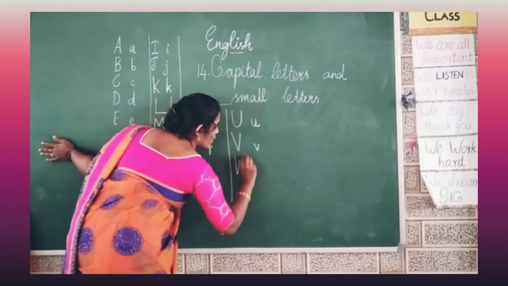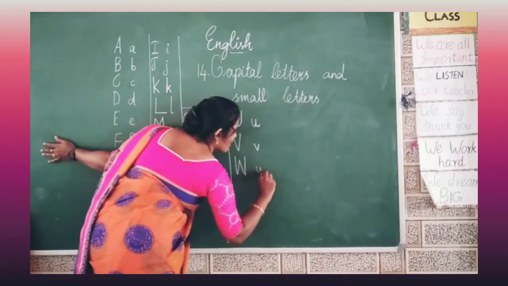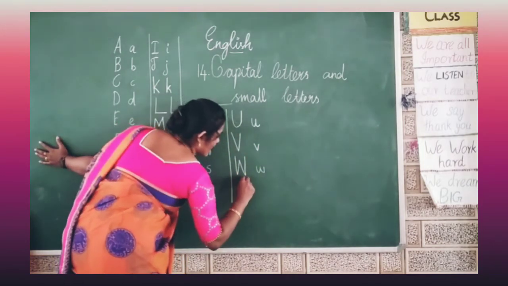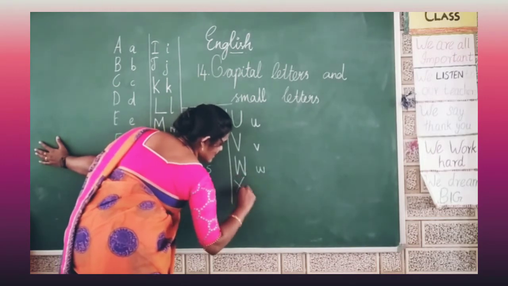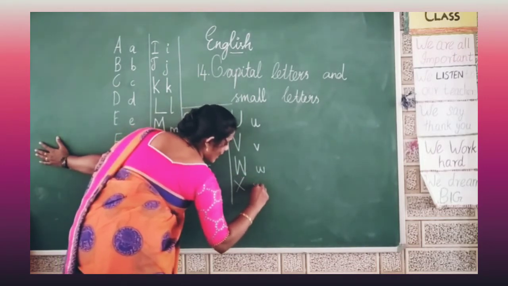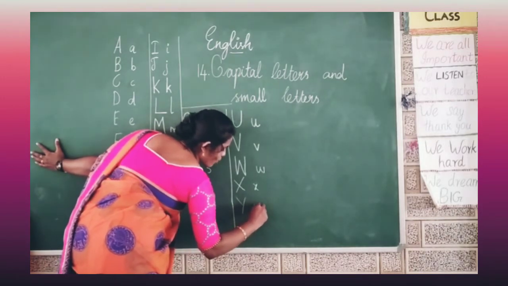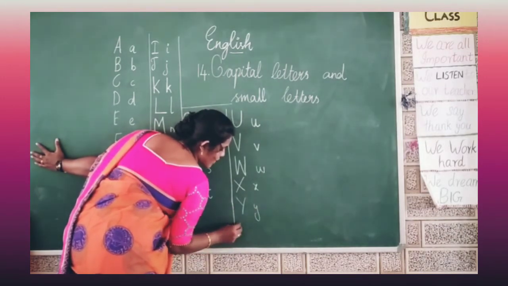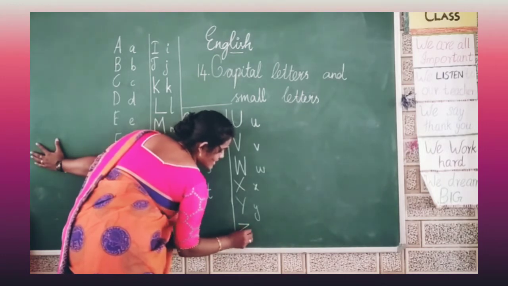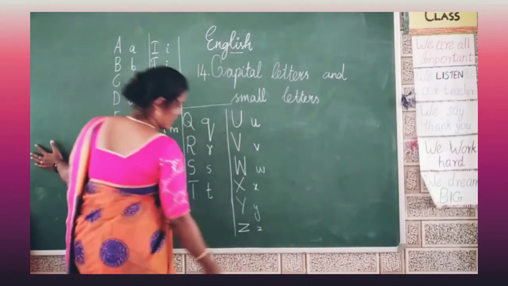Capital W, small w. Capital X, small x. Capital Y, small y. And finally, capital Z, small z.